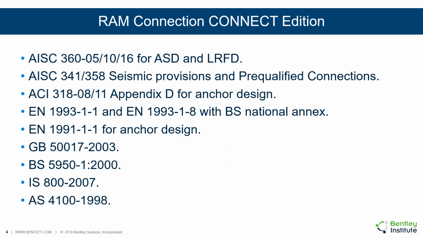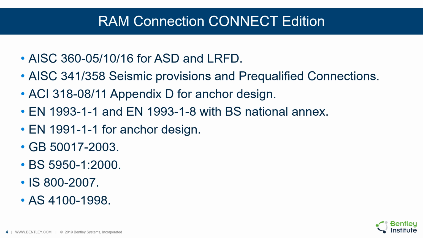Regarding the specifications, RAM Connection currently includes the AISC specification 2005, 2010, and 2016 for both methods, the ASD and the LRFD. Not only that, but also seismic provisions and pre-qualified connections are included. The Eurocode 3 and its 2005 version with the British National Annex is included.